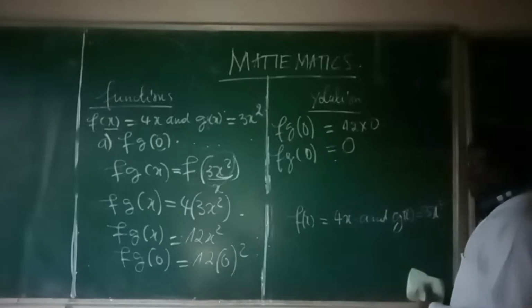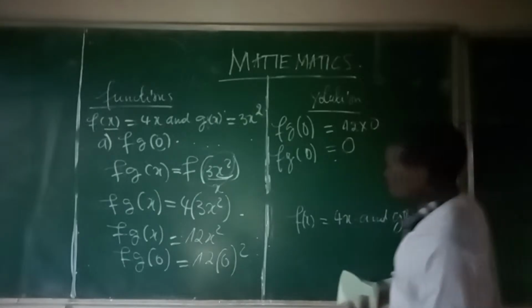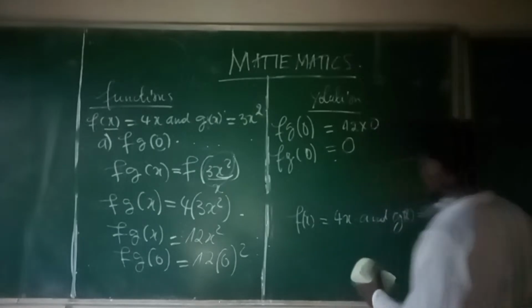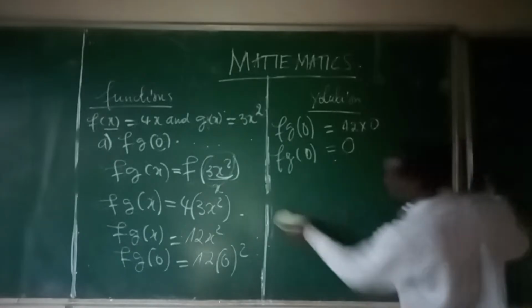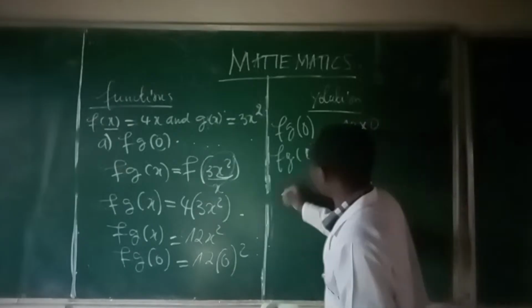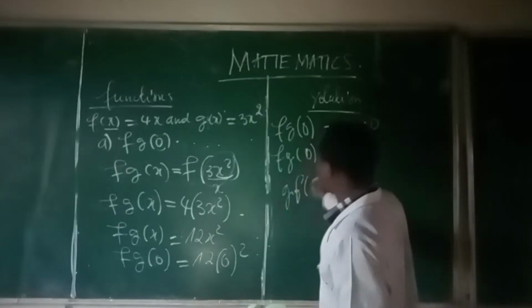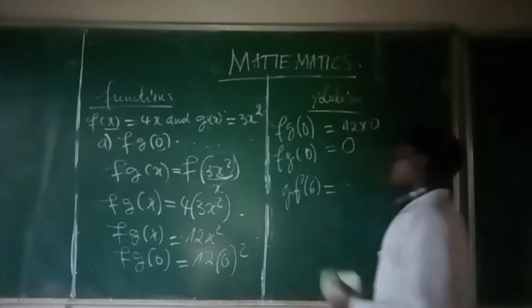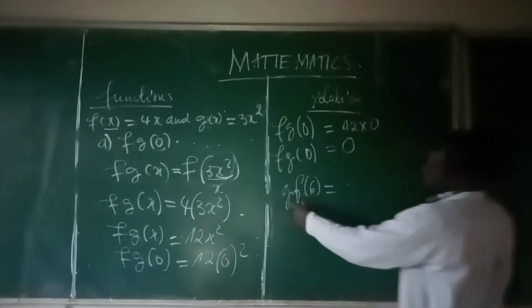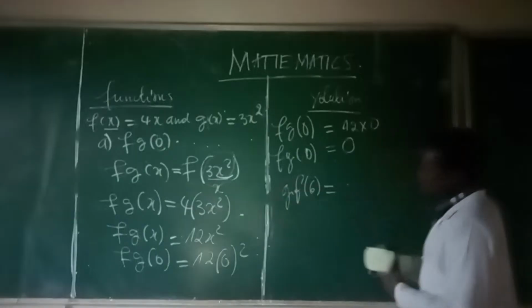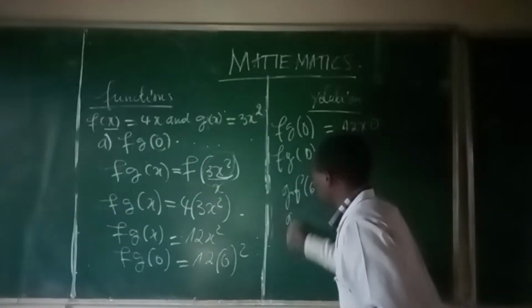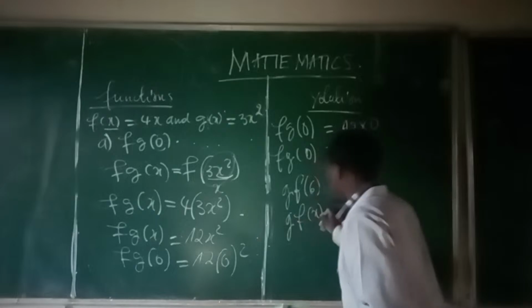Now let us continue with some questions. It was g of f of 6. So now we need to place the combination of two functions, where it is g of f of x.